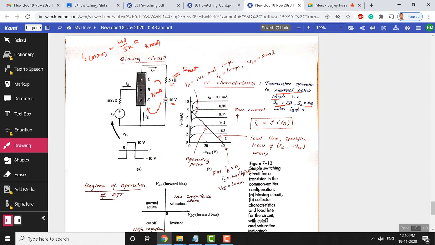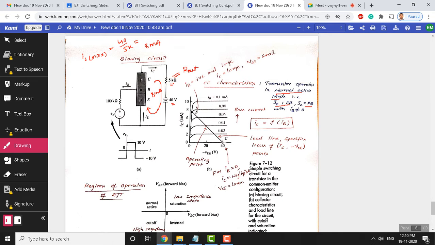Here you are seeing the characteristics of a transistor plotted between VCE along the x-axis and collector current along the y-axis. Collector current is going to be in milliampere, and this is plotted for different values of base current. We have started with a small base current, a 0 value.